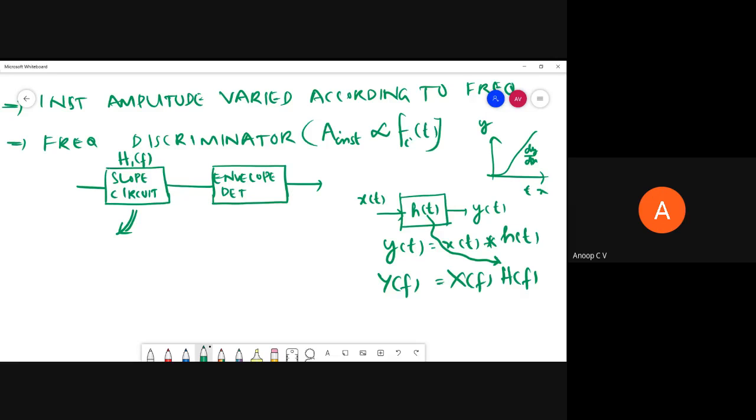This transfer function should satisfy two conditions.